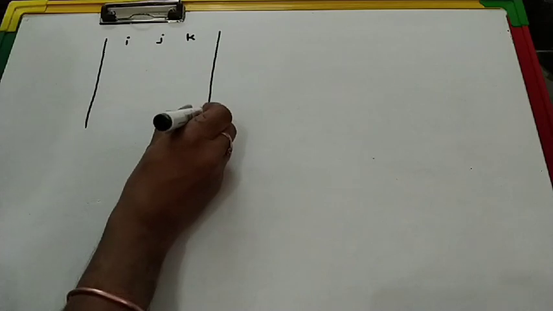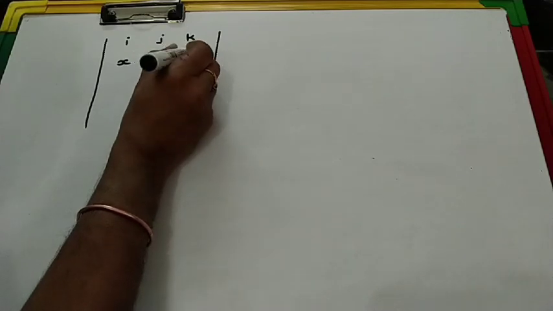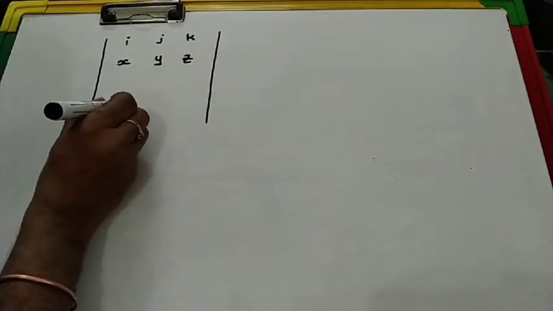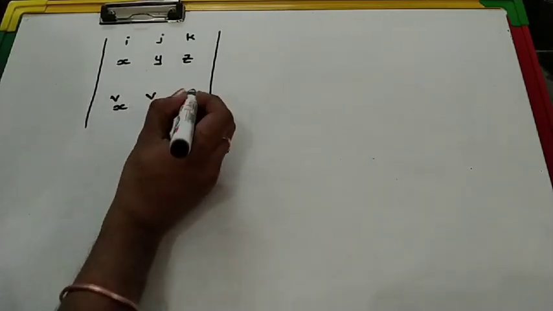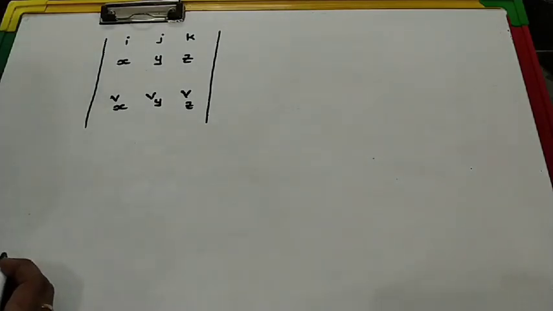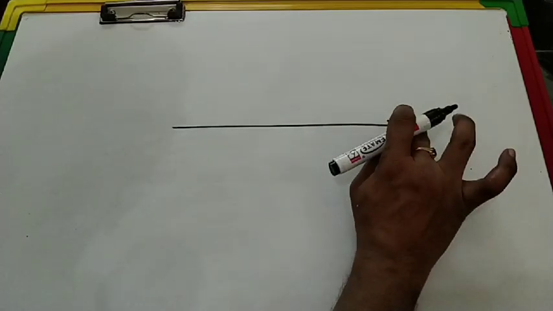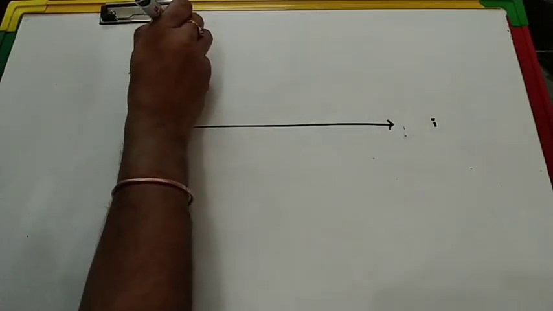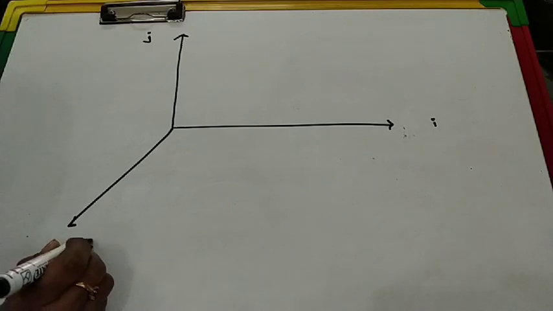I, J, K. Take X, Y, Z, Vx, Vy, Vz. Now take along x-axis unit vector i, along y-axis unit vector j, along z-axis unit vector k.